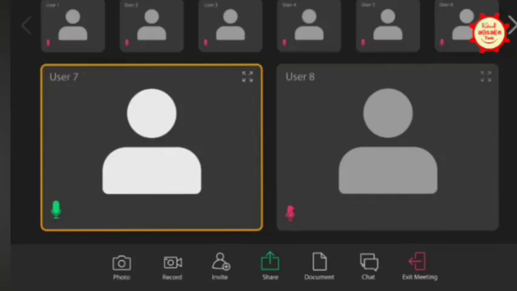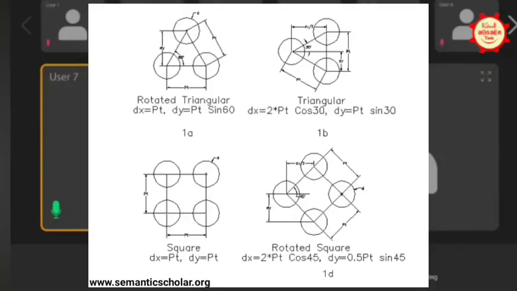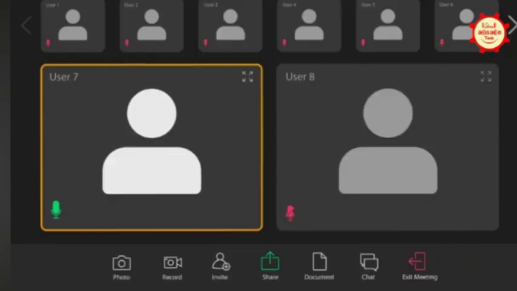Normally we have 30 degree incline. A tube sheet or tubes placement? Not tube placement. I am talking about the drilling on the tube sheet. Okay, yeah, tube holes.